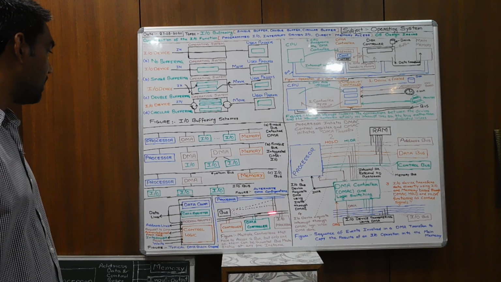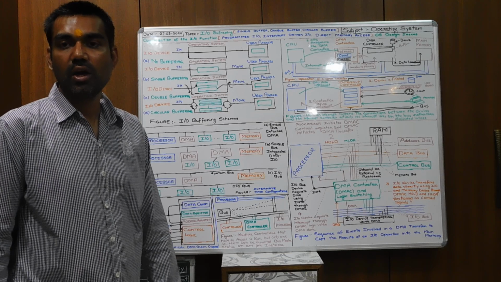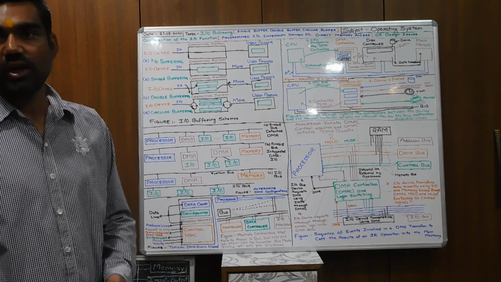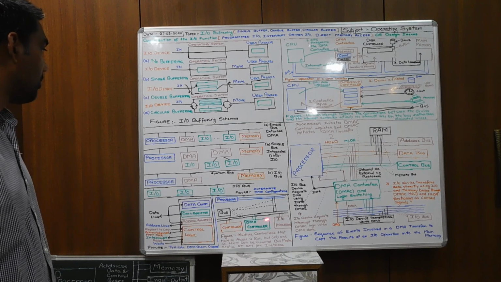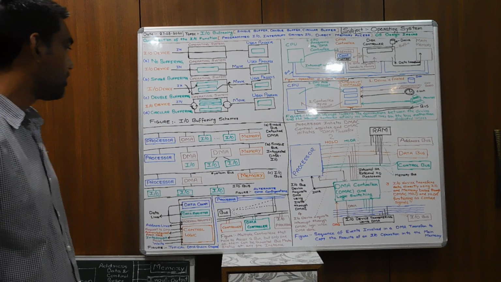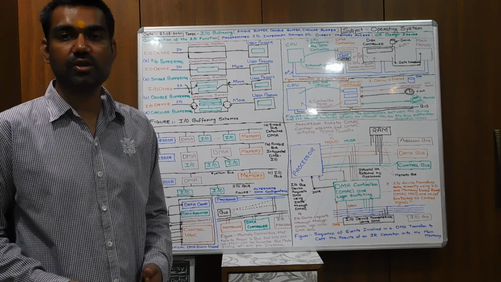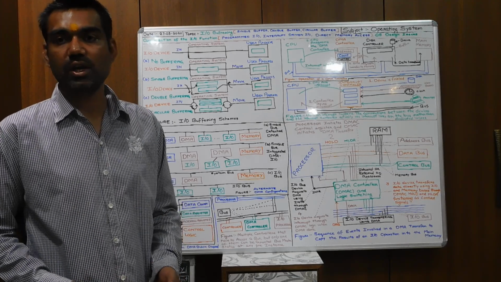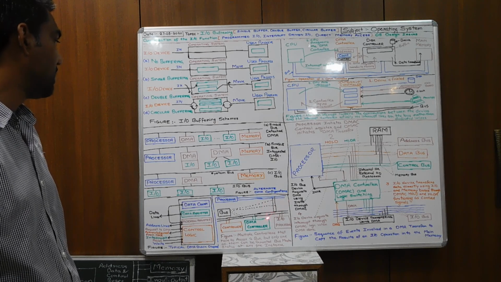These buses are there, and on these buses a bus master is going to be there, and all these components are supposed to share the buses. So there are methodologies by which the bus master is going to change, so that each of these components is able to utilize the buses.